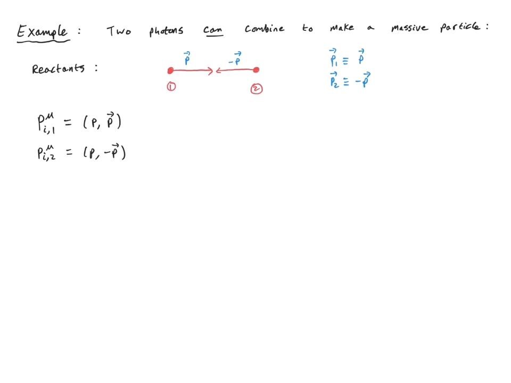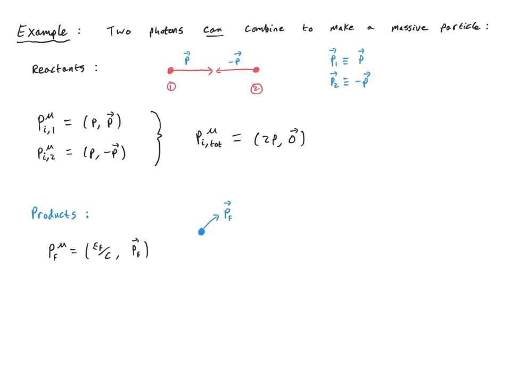So in the initial state, we have relativistic 4-momenta p_i^μ for particles 1 and 2, and they're given by these objects. The total initial 4-momentum is therefore 2p in the time-like component, but the zero vector in the space-like components. Let's say that after the reaction we have this product, which is a massive particle moving off with some particular 3-momentum p_f vector.